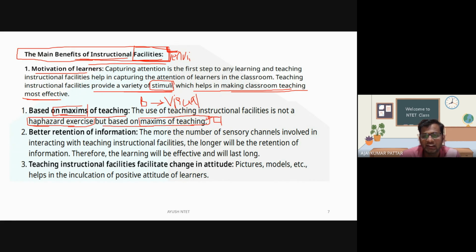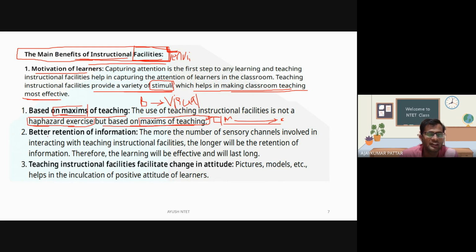The students may get afraid. Then you use the models. In higher education, you can directly go to the cadaver or real organs. So based on maxims, you can use the facilities.